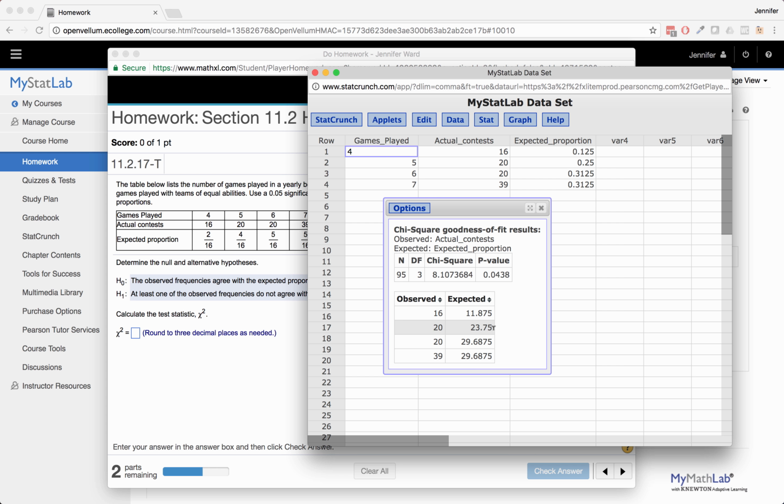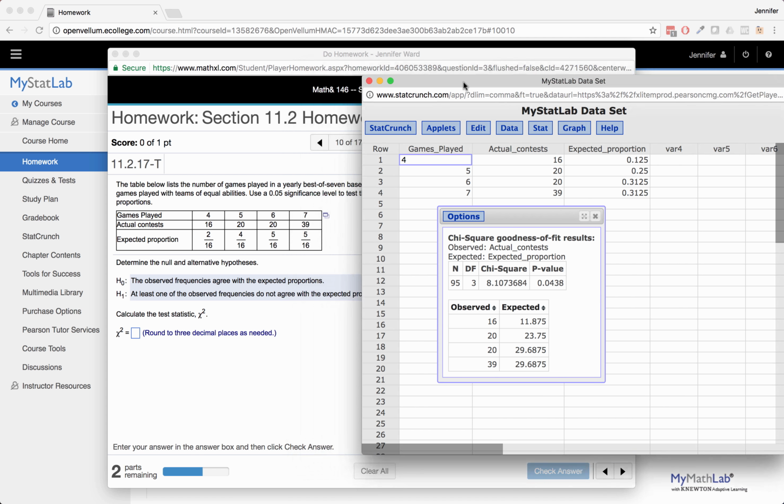A common mistake is that students will take the observed count and multiply it by the proportion, but that's wrong. We want the sample size because you're spreading all of the games around in the 4 categories according to the null hypothesis. So there's not much that we do down here with the observed and expected. We can just visually look at how close or far apart those numbers are. What's more interesting is the p-value, and then we can make a conclusion.